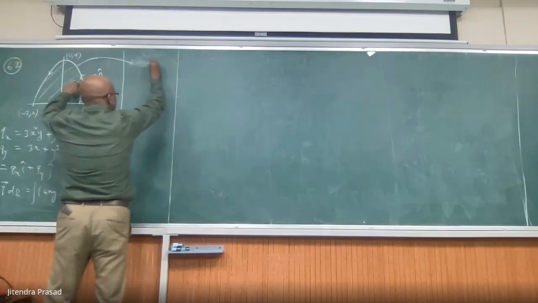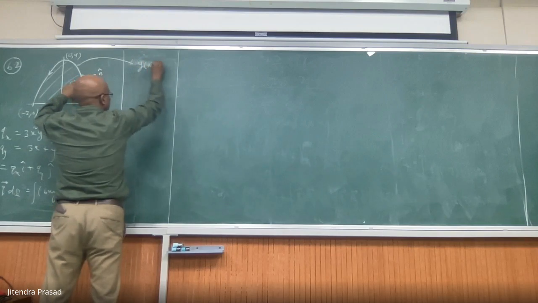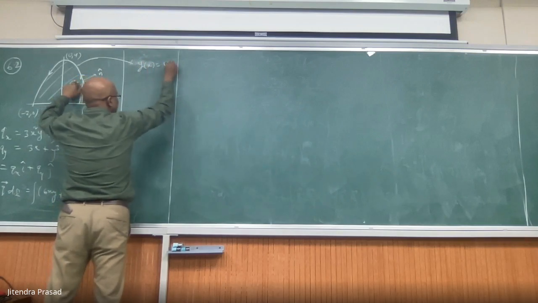So minus x square plus 4, y equal to 4 minus x square.